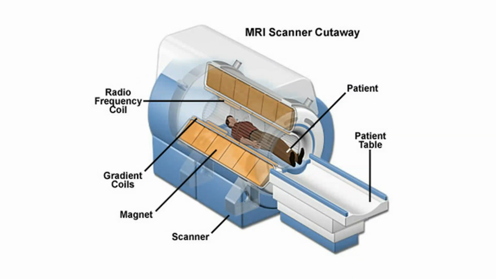By sending radio waves that match the magnetic field, the low energy water molecules, or the ones that were essentially being scanned, as I was talking about in the beginning, will absorb the energy they need in order to move with the current magnetic field that is spinning in the machine. Once the machine stops giving off radio waves, those low energy water molecules will actually release all the energy that they saved up and return to their normal position.